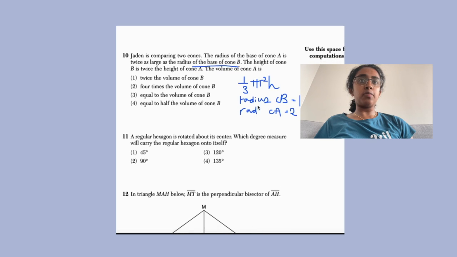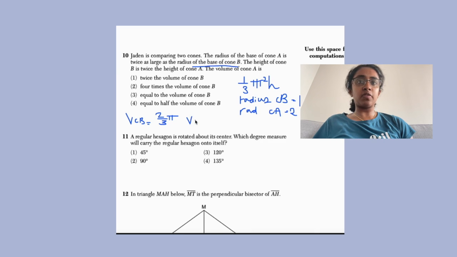So let's find the volume of both cone A and cone B. The volume of cone B is 1/3 pi r squared times height. So we have 2/3 pi, right? Because the radius of cone B is 1, and 1 squared is just 1, then you multiply that by pi, and the height is 2, so you get 2, and then you divide by 3, that's 2/3.